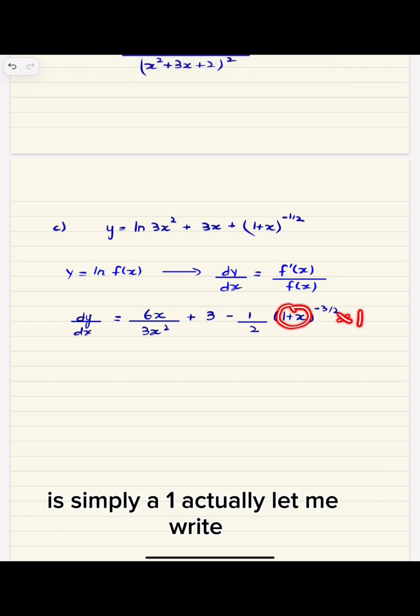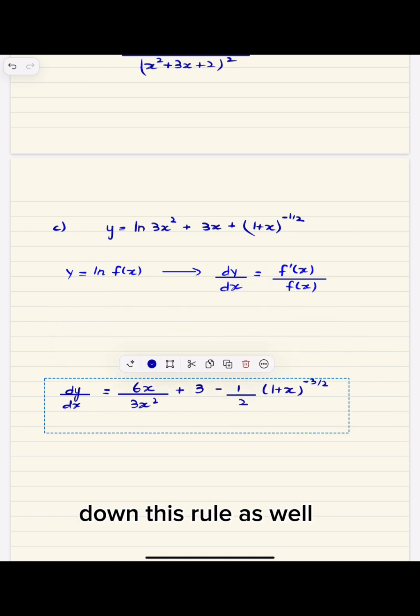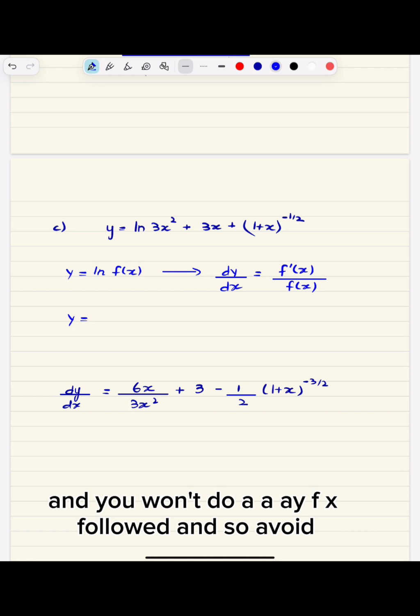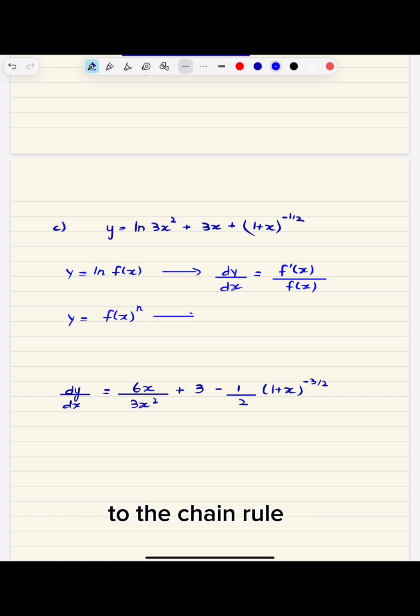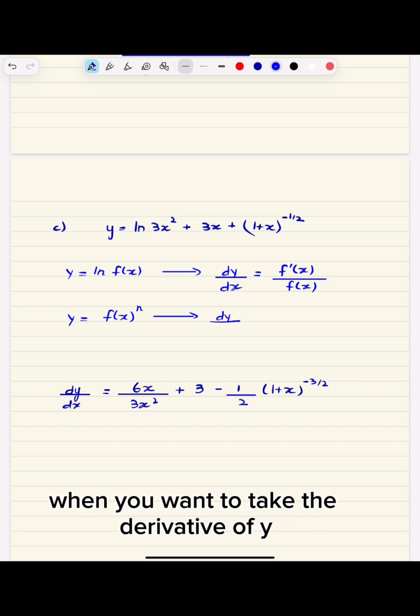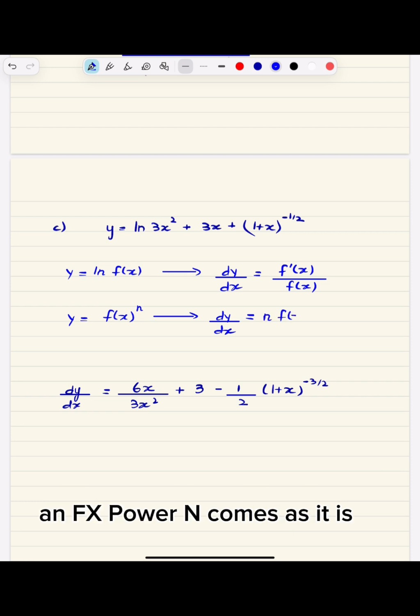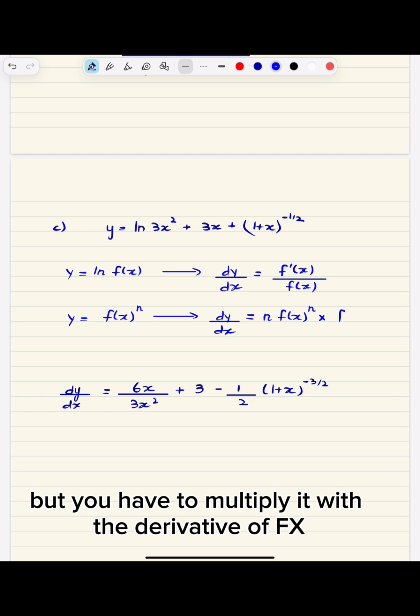just simply a 1. Actually, let me write down this rule as well: if you have y equals f(x) to the power n, then according to the chain rule, when you want to take the derivative of y with respect to x, you multiply by n, f(x) to the power n minus 1 comes as it is, but you have to multiply it with the derivative of f(x).